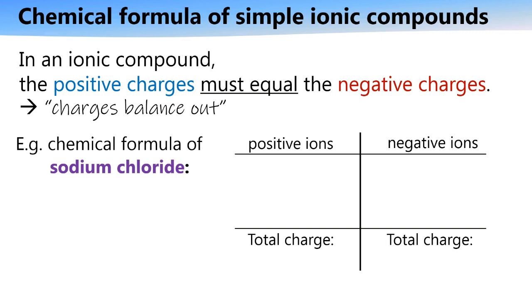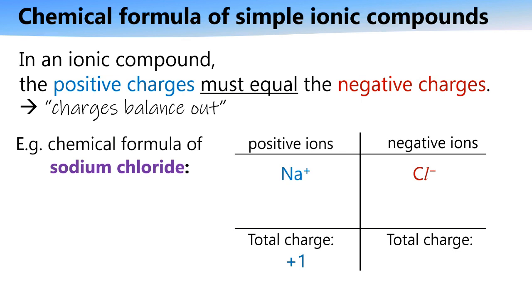So for example, in sodium chloride, I want to determine what its formula is. If you look at the periodic table, sodium is in group 1. So it will be sodium plus, Na+. And chloride comes from chlorine, which is in group 7. So that will be Cl-. What is the total charge of the positive ions so far?